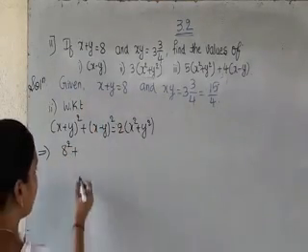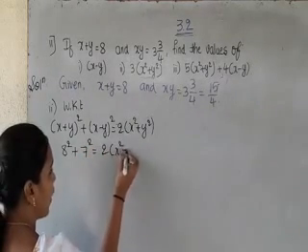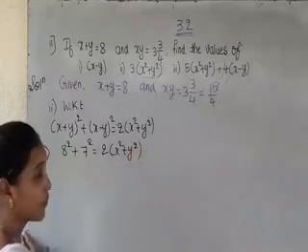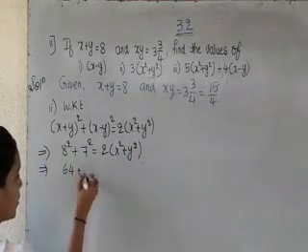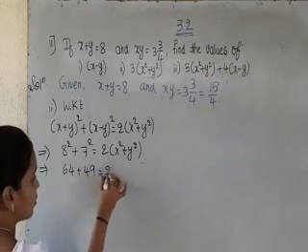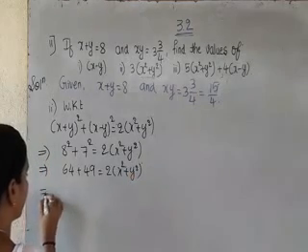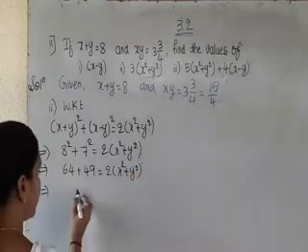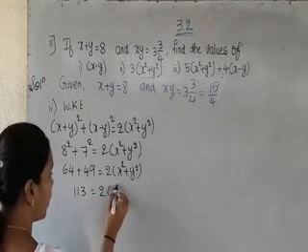So 7 square is equal to 2 times (x square plus y square). Okay. So then 8 square is 64, 7 square is 49.